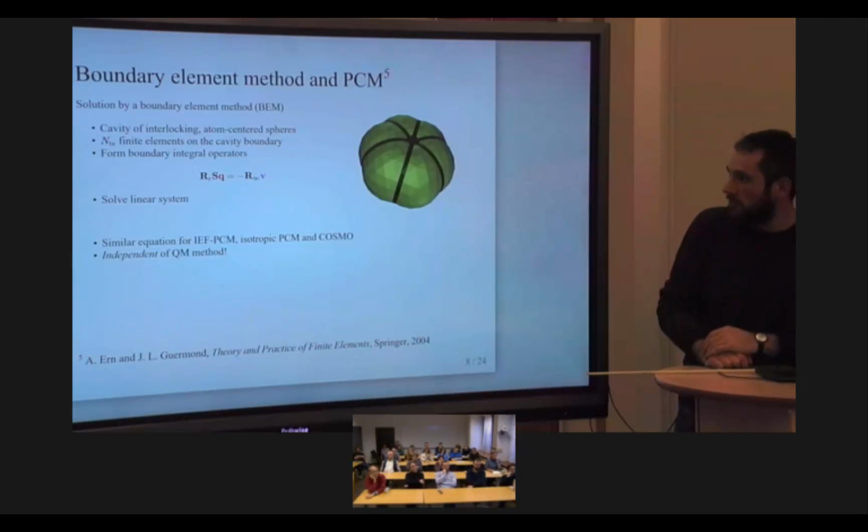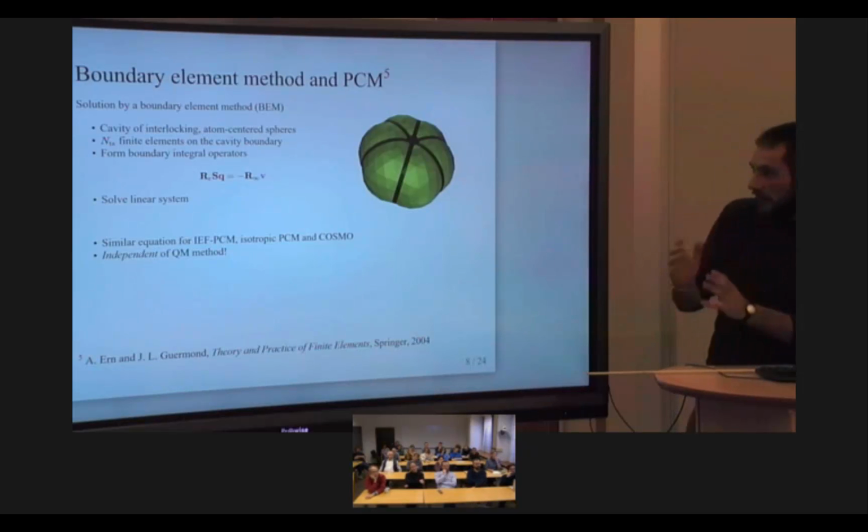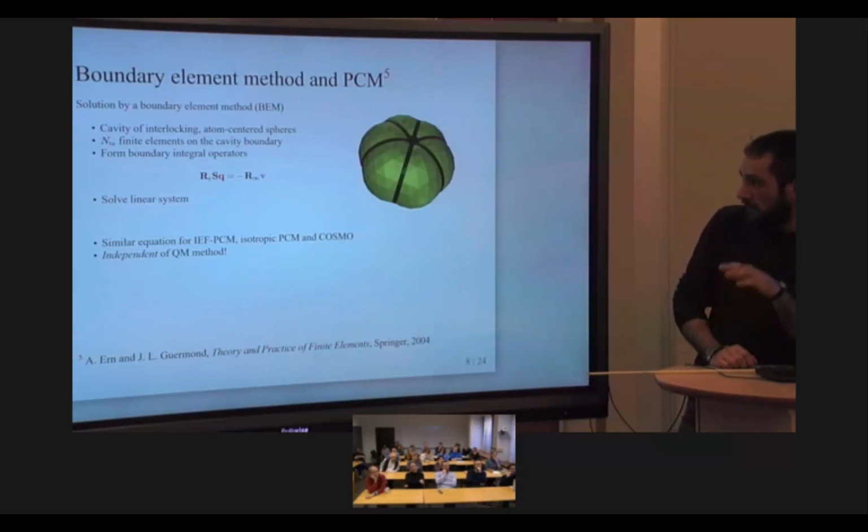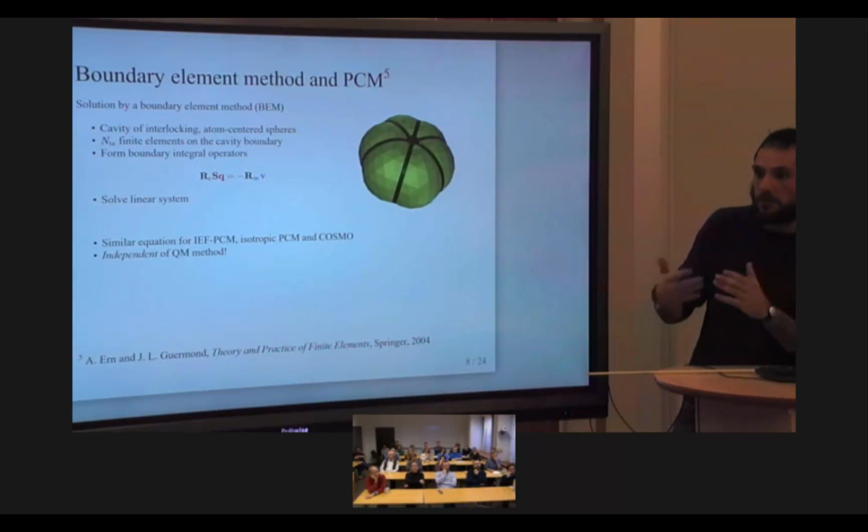That doesn't really matter. What's important is that once we have defined a discretized representation of the surface, we then attach a basis of functions that are piecewise regular on these finite elements, and we can proceed to form the boundary integral representation of the operators in the equation. So these are basically matrices of dimension NTS times NTS.